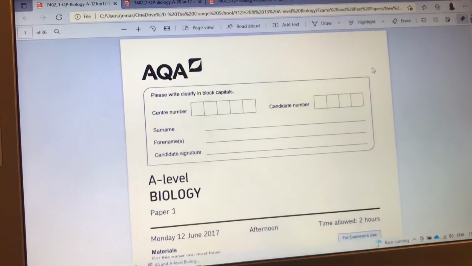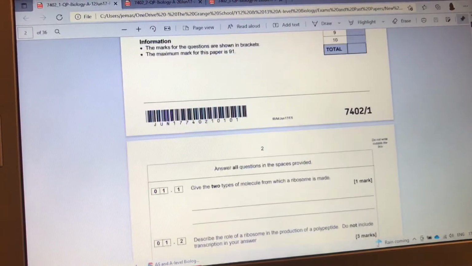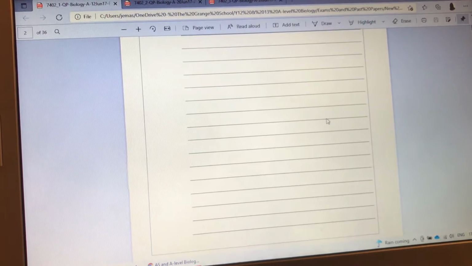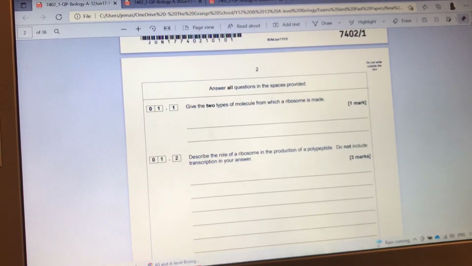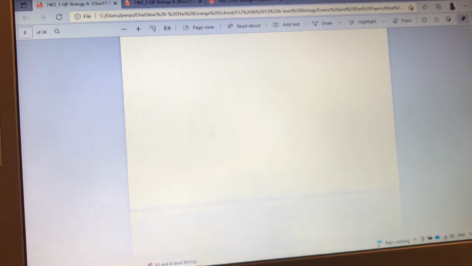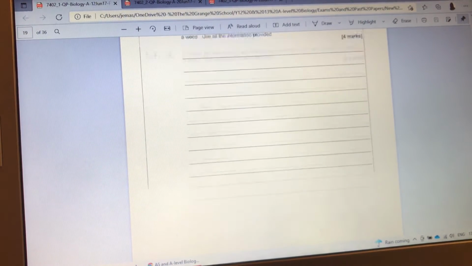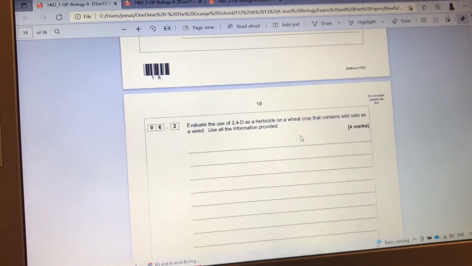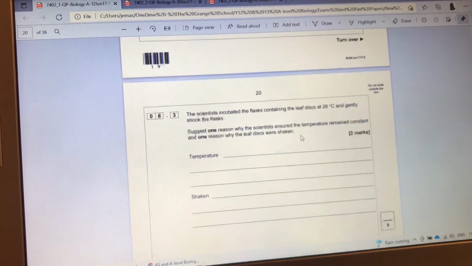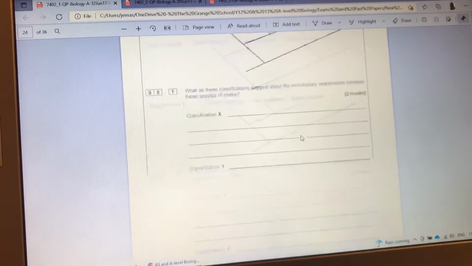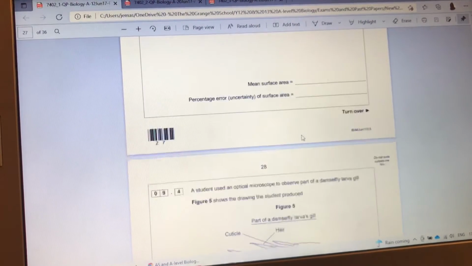Now what we've found in the past, and the pattern always seems to hold, is that there's a mixture of AO 1, 2 and 3, but they tend to be like 1 markers, 2 markers, 3 markers. But if you go right to the end of paper 1, what have we got? This is where they put what they call their extended answer questions.